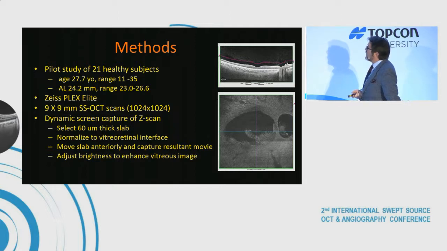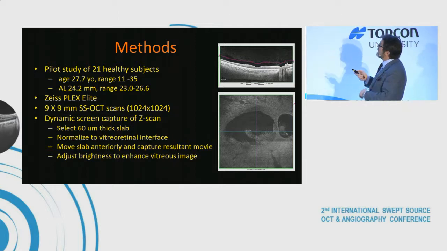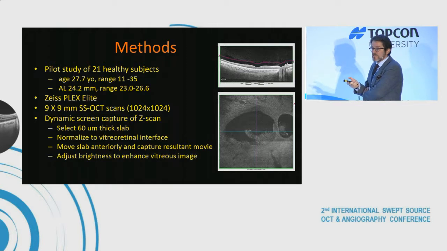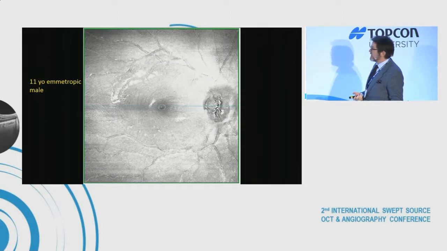And what we set out to do is, rather than what we're used to, namely moving our slab deeper and deeper into the choroid, we moved it in the opposite direction. So we created a 60 micron slab, normalized it to the vitreoretinal interface, as you can see here, and then we moved that slab anteriorly and captured the resultant movie. And we also, as we have to do with these vitreous scans, adjusted the brightness to enhance the vitreous image.